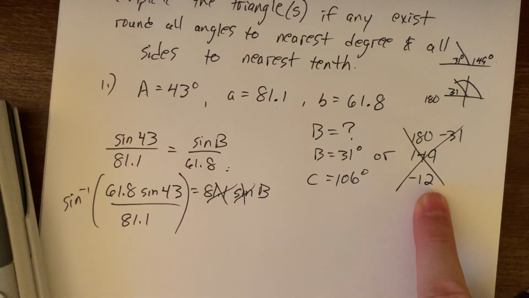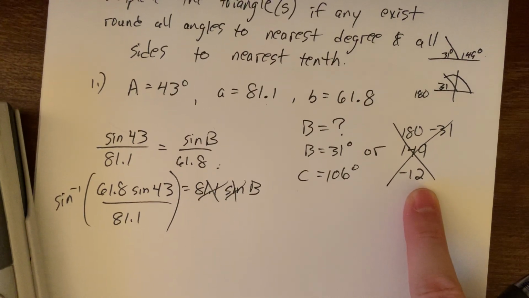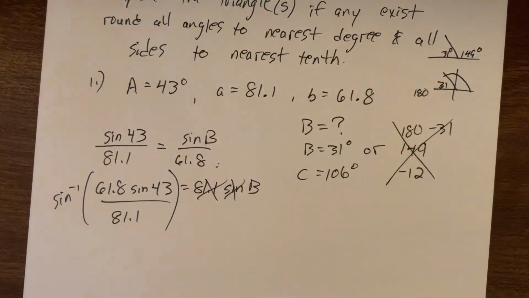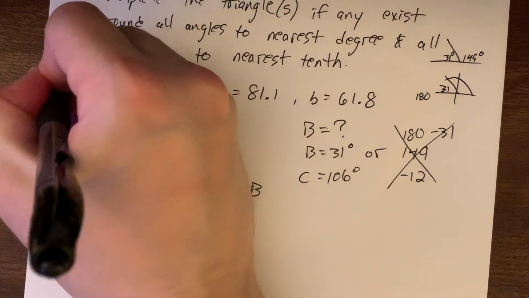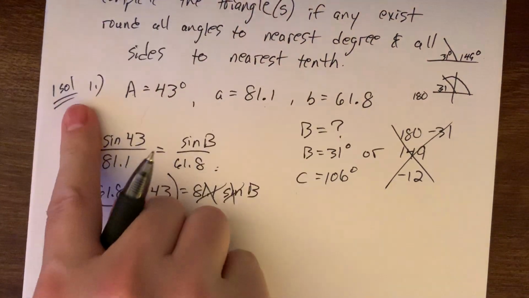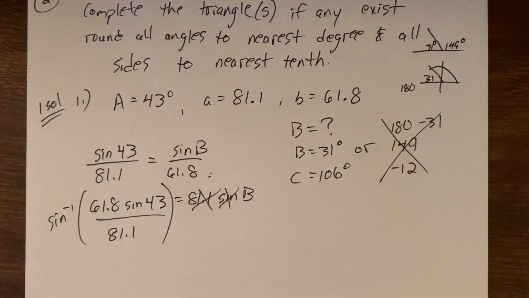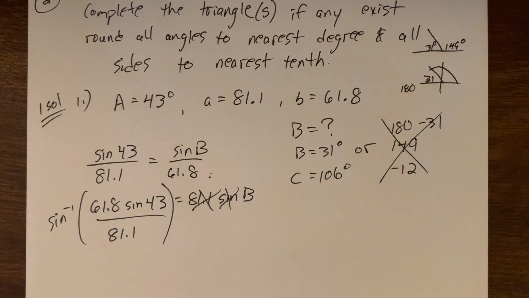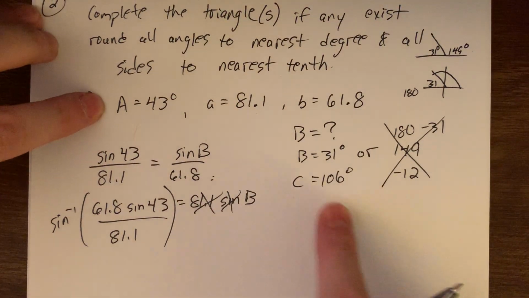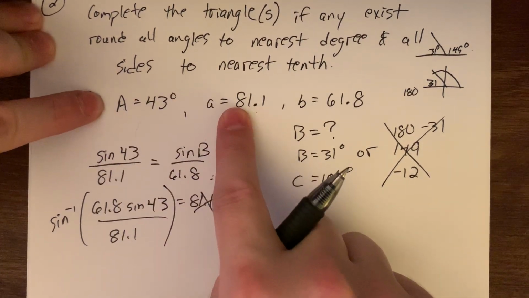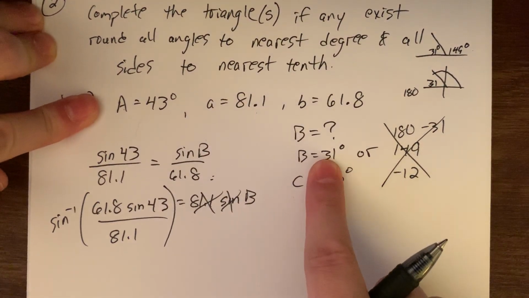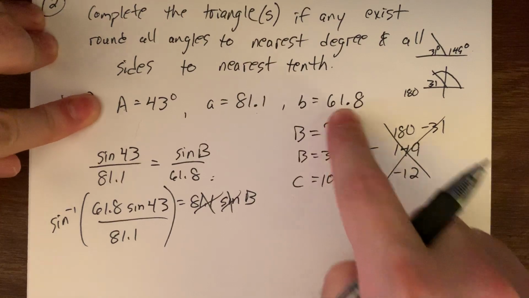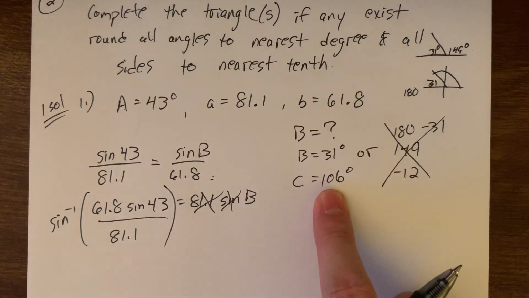That means that second triangle doesn't exist. And now we're back on track, and now we could realize that what I gave you in problem number 1 was a one solution triangle. Okay, we got one solution, and now let's finish it. We had angle A and side A. We found angle B to go with side B. And now finally we've got angle C.